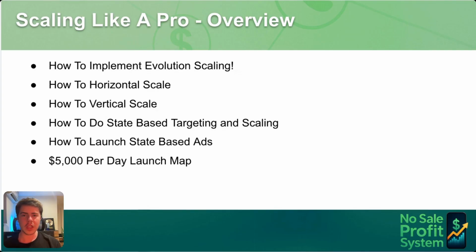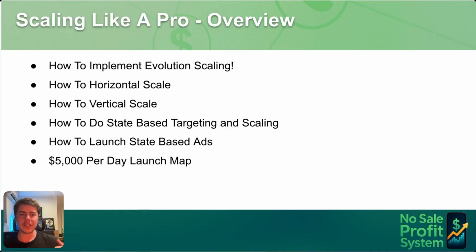So this is a really awesome training that we have here in this module, because as you guys have learned so far, you've been running the top geos, okay? So you've been running the top states all combined into one, which makes it a lot easier and simpler to test. But when you get into scaling and more advanced methods, what you want to start doing is identifying which states are performing the best for you and actually create designated ads for specific states.